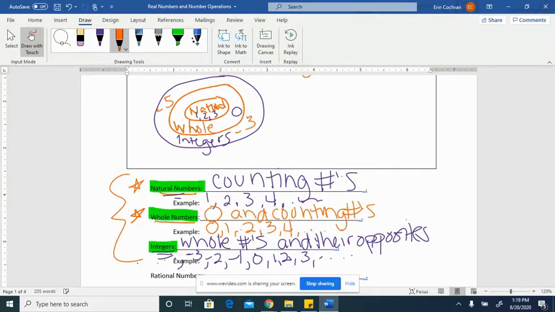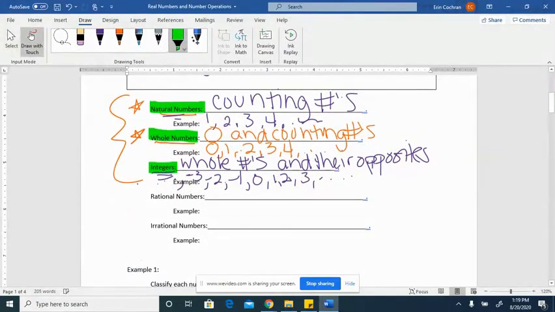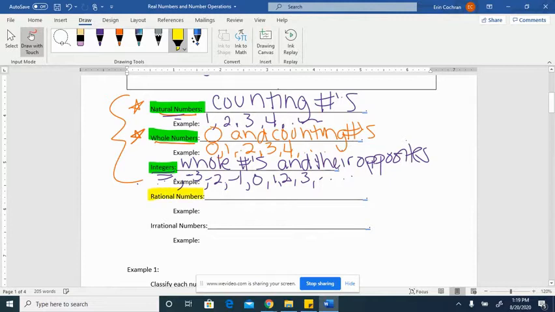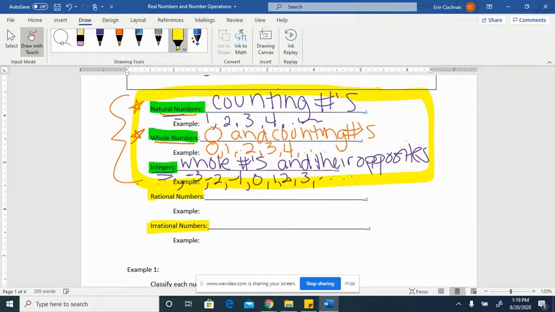Now, every real number is either classified as rational or irrational. Your rational numbers are all of these numbers here. It's going to have your natural numbers, your whole numbers, your integers, but these ones do include decimals that end.